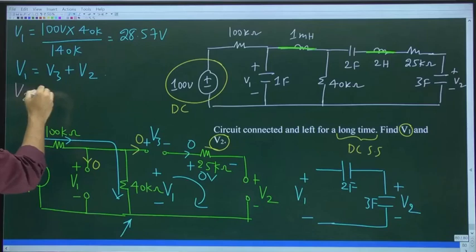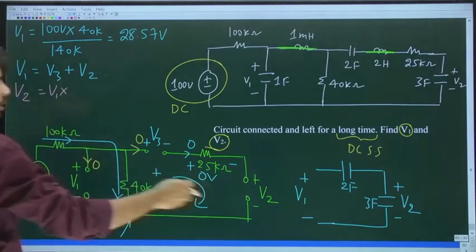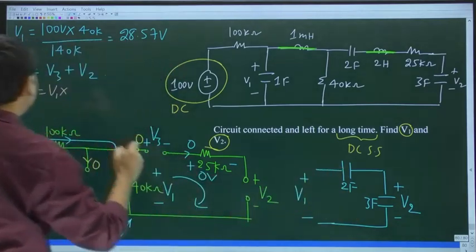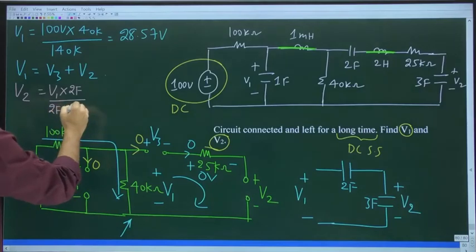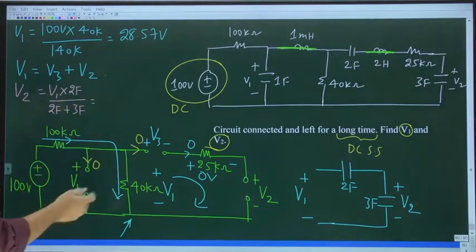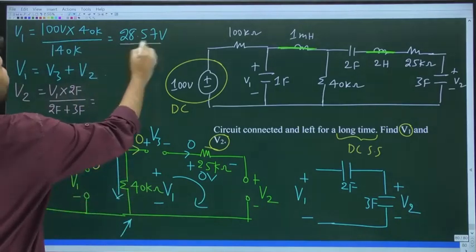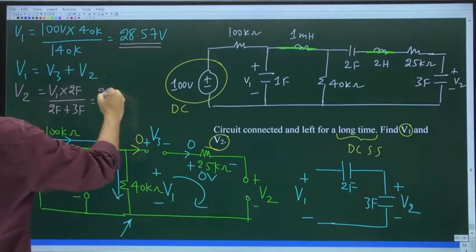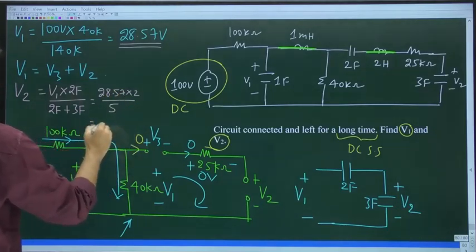So V2 is equal to V1 into 2F divided by 2F plus 3F, since the drop across 3 is proportional to 2. That's all. V1 is the drop across 40K, which is 28.57. So 28.57 into 2 by 5.